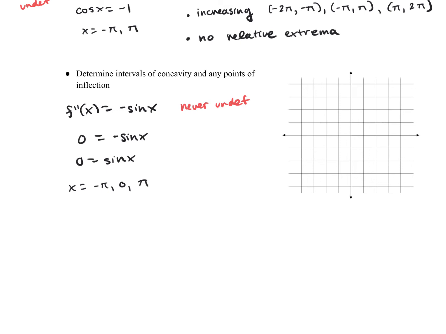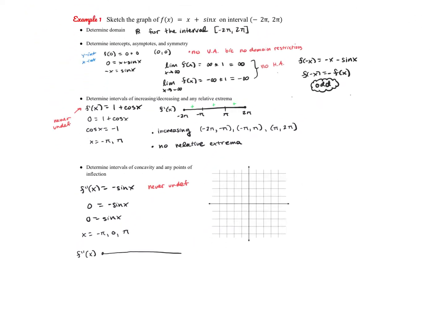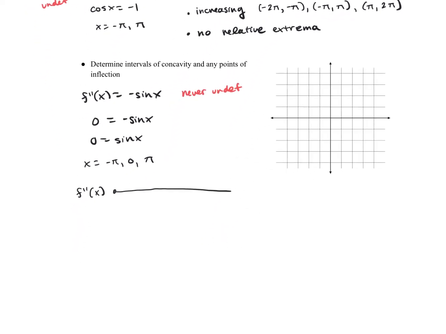Before I actually find those points of inflection, let's do our quick sign analysis here. All right, so our endpoints again are negative 2 pi to 2 pi. Then we have negative pi, 0, and pi.